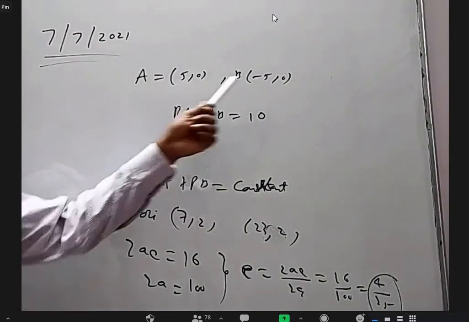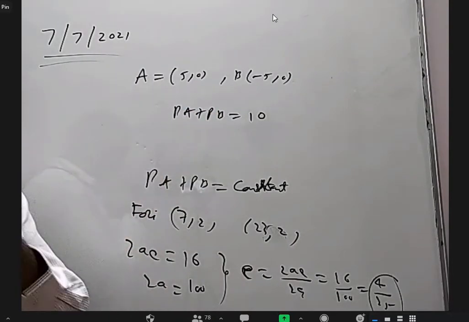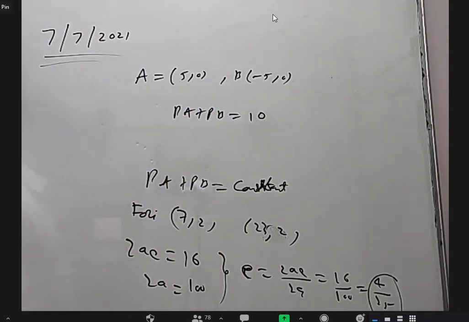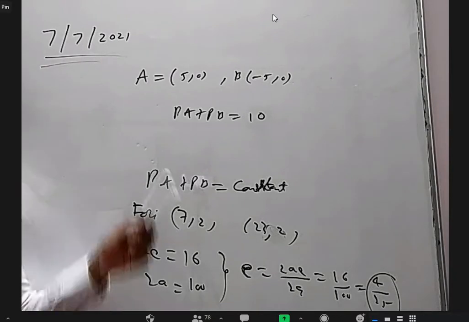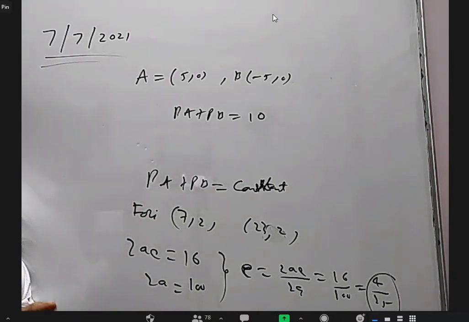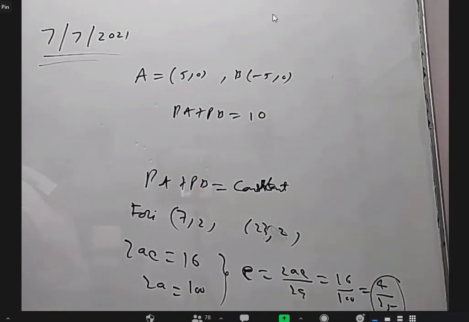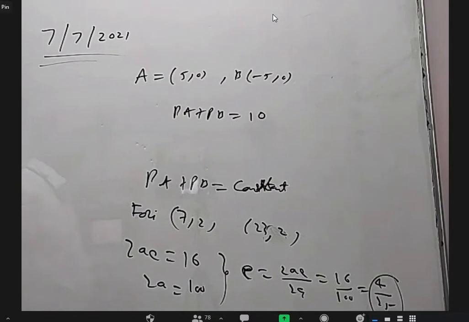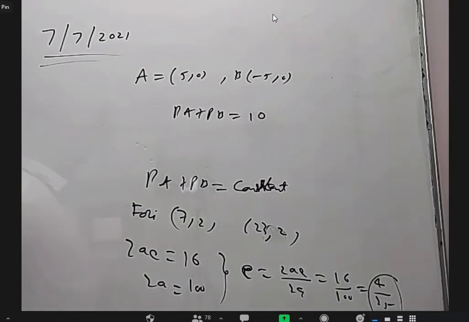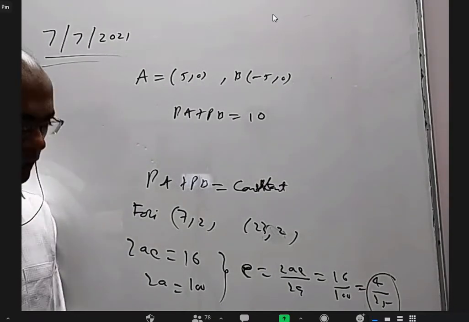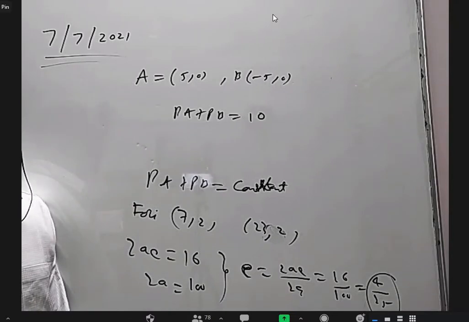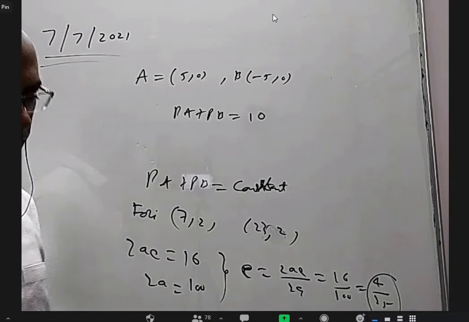Don't write, just tell me the answer. Y-axis? Are you sure it is y-axis? A single point, the midpoint of the two points? Only one point, origin, you want to say? It is the line between (5, 0) and (minus 5, 0).